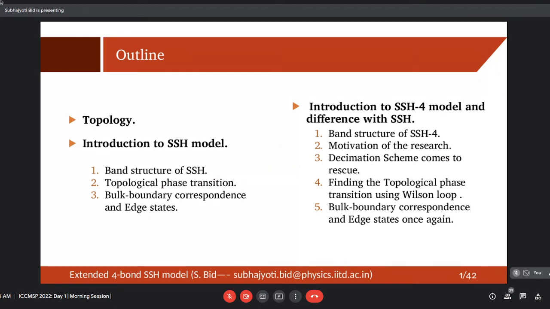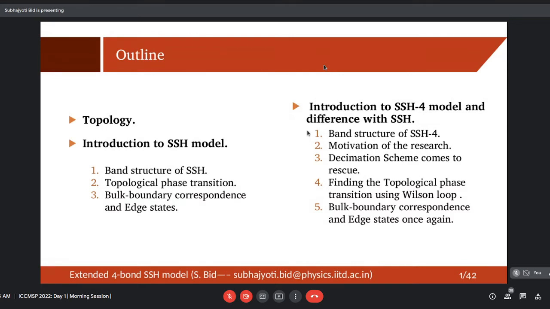I will first discuss the band structure of SSH. Then I will go to the main flavor of the problem, where the topology lies. And at last, the physically most important thing, the bulk boundary correspondence and the edge states. The third section of the talk is the introduction to the SSH4 model and the differences with SSH.